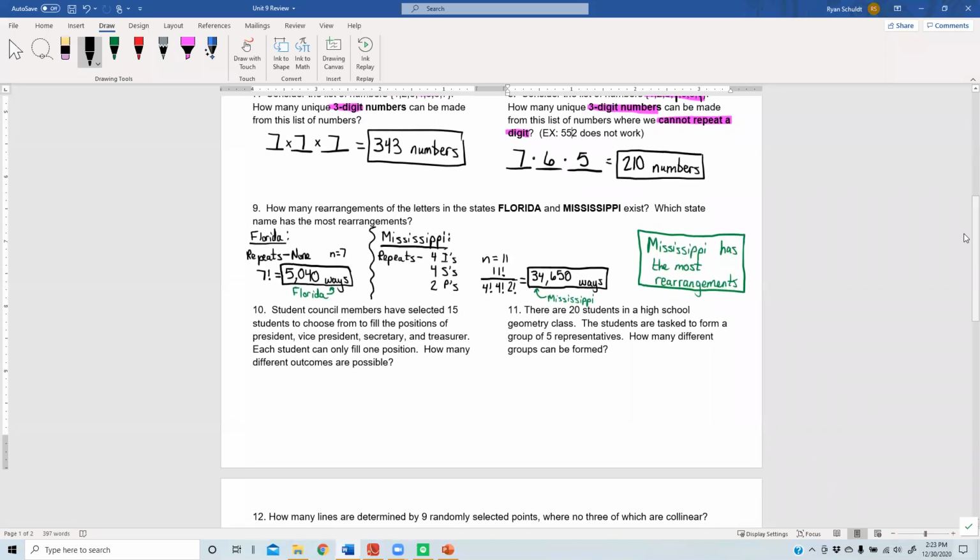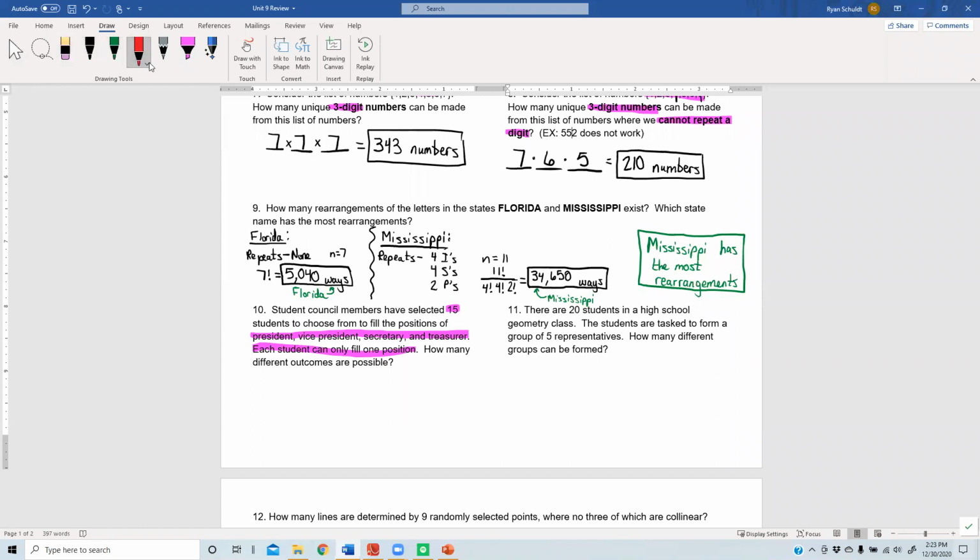Number 10. Student council members have selected 15 students to choose from to fill the positions of president, vice president, secretary, and treasurer. How many? Well, first it says each student can only fill 1 position. So I'm going to highlight that. I'm going to highlight how many positions they're going for and the fact that we're picking from 15. How many outcomes are possible?